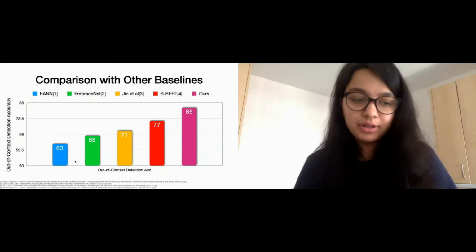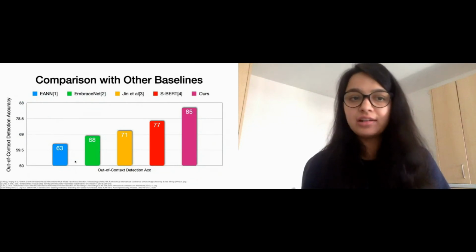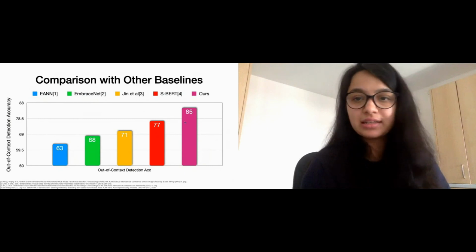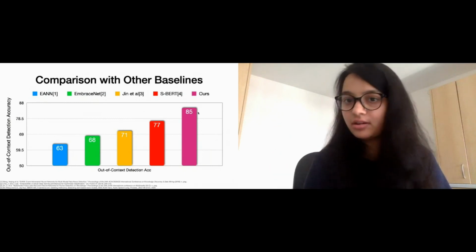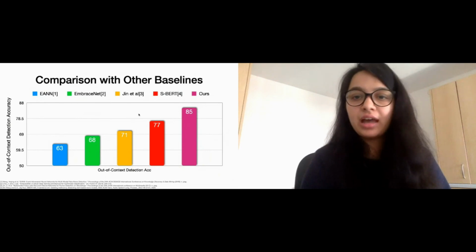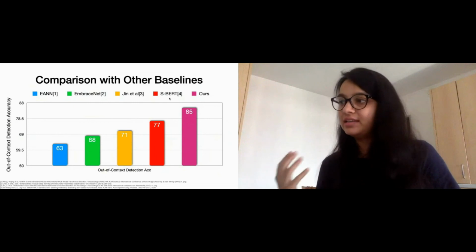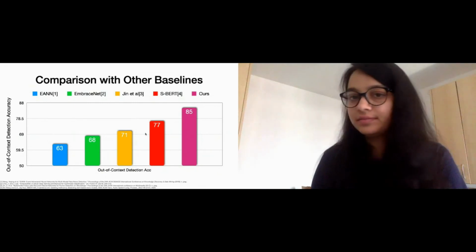So we were able to get pretty decent results. This chart shows a comparison with a bunch of baseline methods. Our method goes to around 85% detection accuracy, and 77% is SBERT, which uses only the sentence baseline. And these are other detection methods.